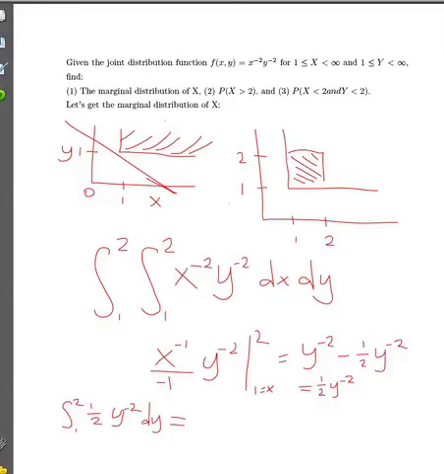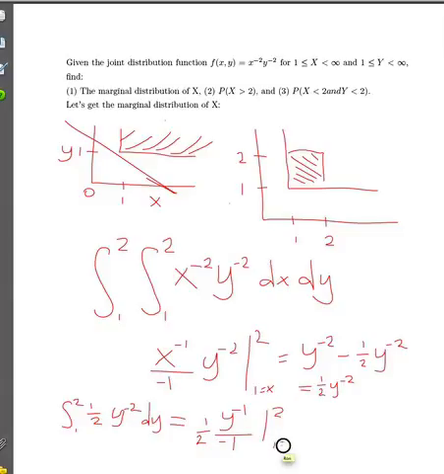Think. What is the integral of y to negative 2? Well, this is ye old polynomial. So you'll add 1 to this and get y to negative 1 and divide by that exponent. You have a half still because constants just don't go away. And that's done from 1 to 2.